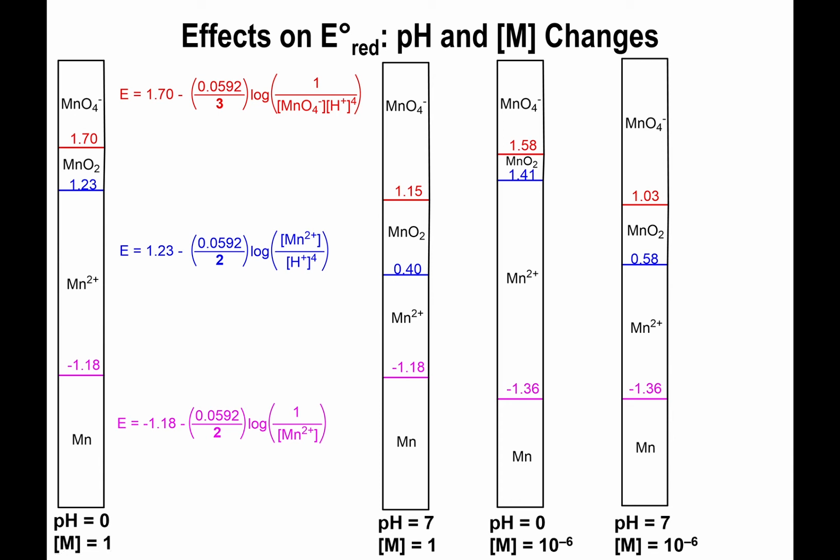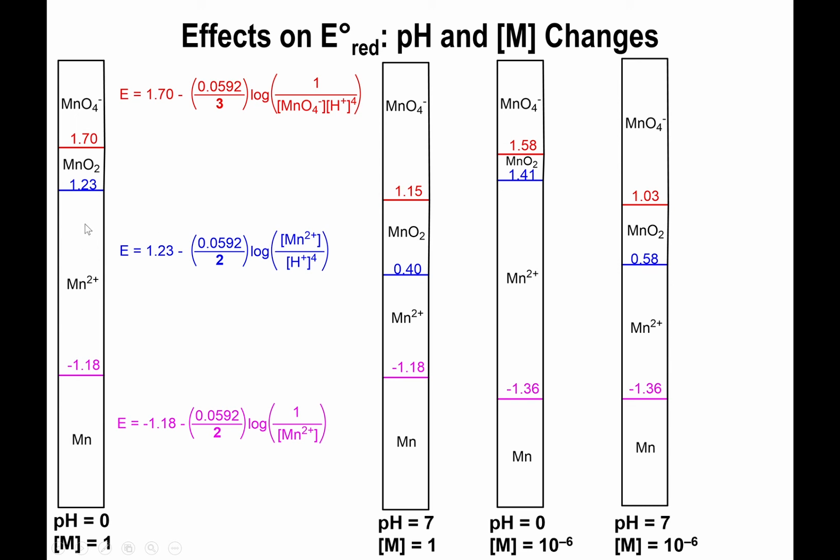Alright, so as you can see, the potentials can be drastically changed based on the pH. And it's interesting to see that at neutral pH, you actually stabilize the permanganate as well as the manganese 4 oxide compared to the standard states.